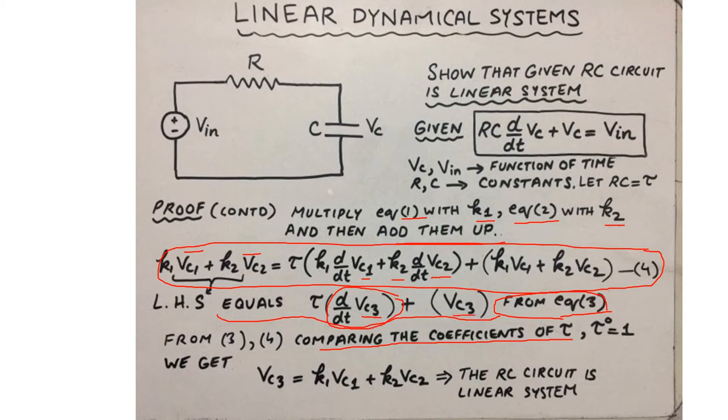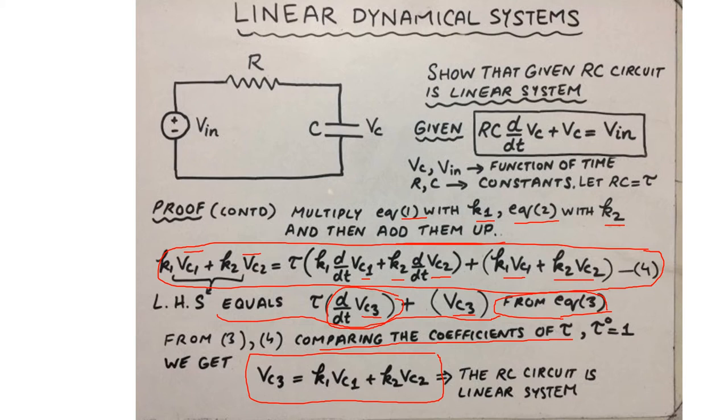And likewise, VC3 equals k1 VC1 plus k2 times VC2. So in both cases, we have a unique solution, which is just VC3 equals k1 times VC1 plus k2 times VC2.